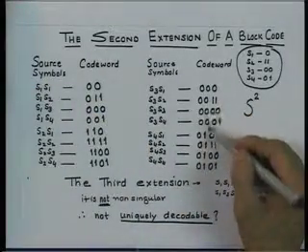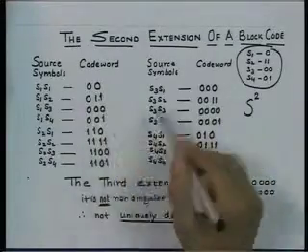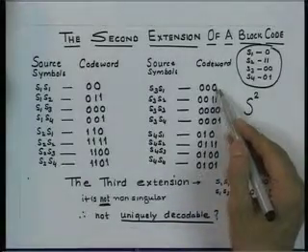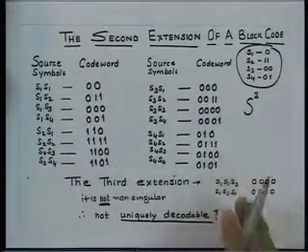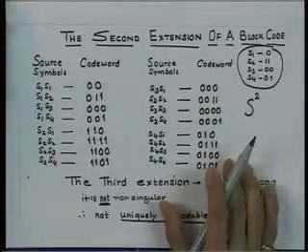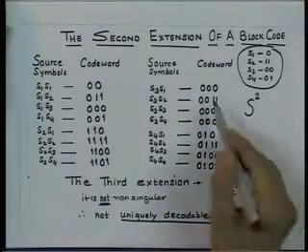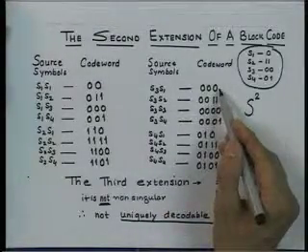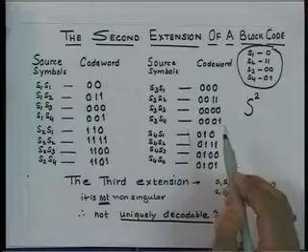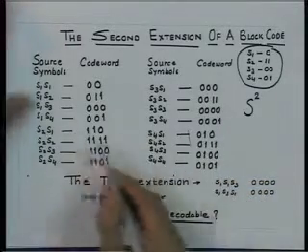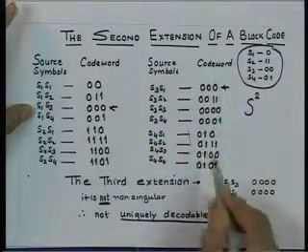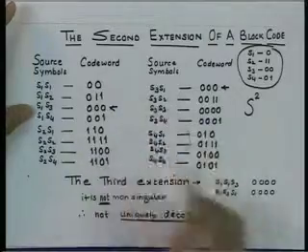So, this is the code which I generate for the second extension. Now, if you look at this code which we have generated for the second extension, we will find that it is not non-singular, because if you look at S1, S3 and S3, S1, the code words for both of these are identical.